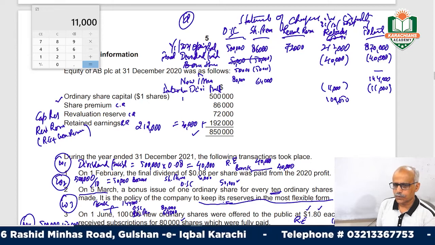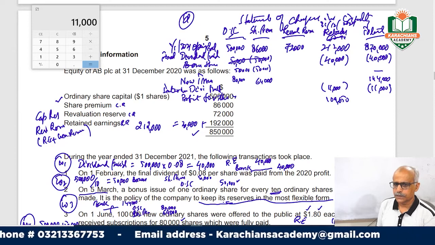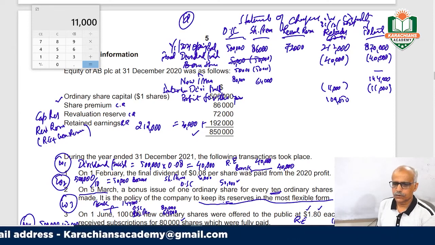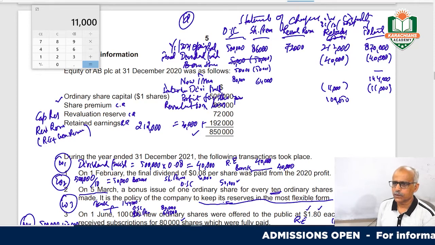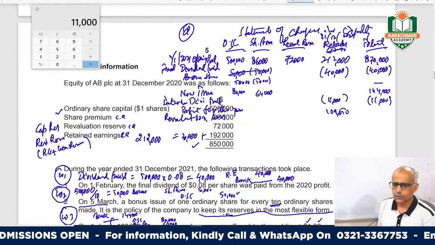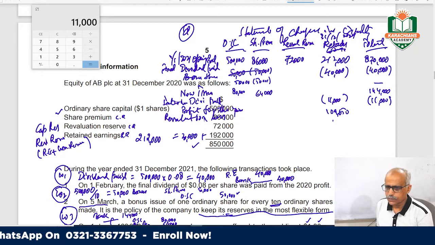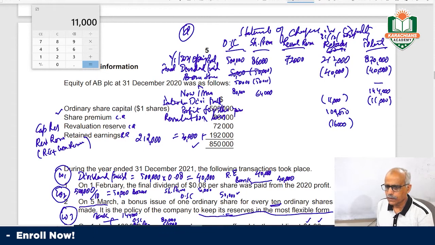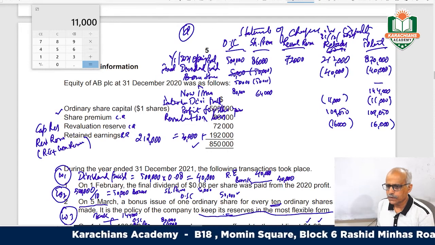This is your profit for the year, 109,650, and revaluation loss, how much was it? It was 16,000. So this revaluation loss will be charged to your retained earnings as a loss. So 109,650 will be your profit, 16,000 is a negative.